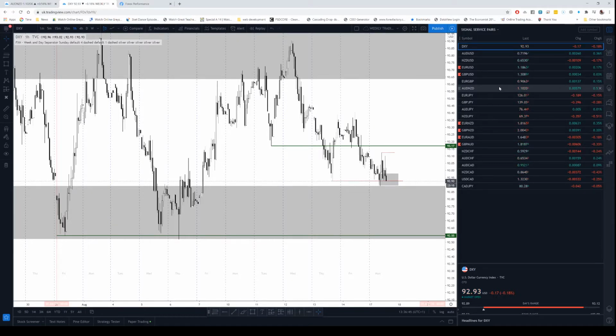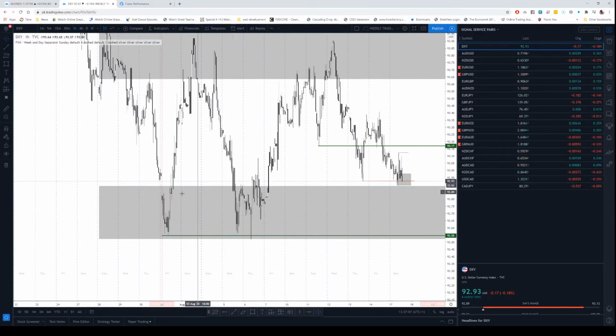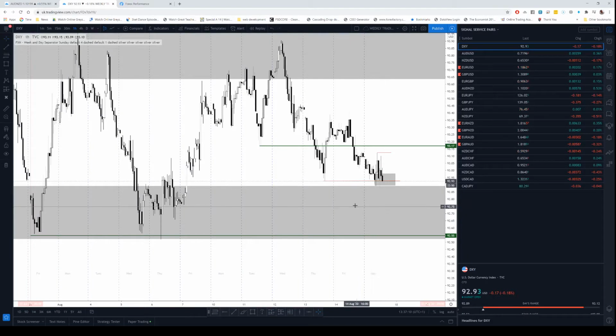Obviously the cross pairs are very different, but on the majors direction is quite hard to pick. So unless you are scalping or day trading, I would say do not look for too much on them.